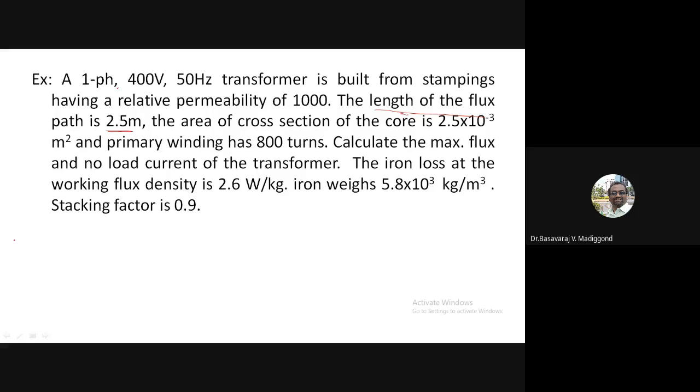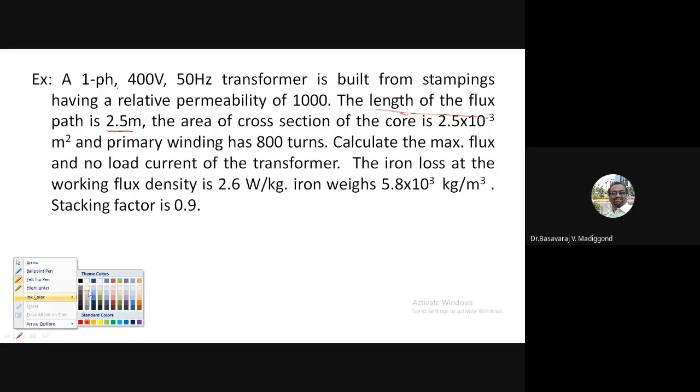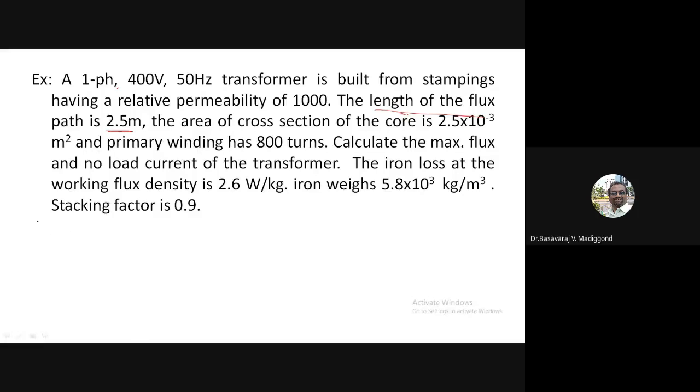Now you have to write down the data given. First, write down what are the data. Okay, so let us write down the data given. V is 400 volts, and relative permeability you can take mu r as 1000.